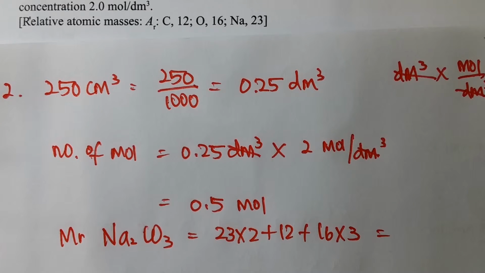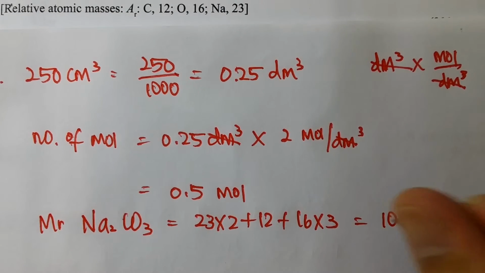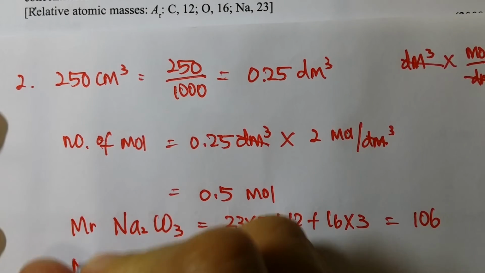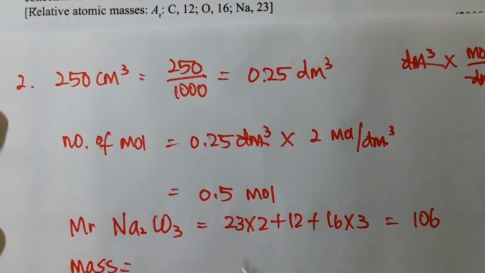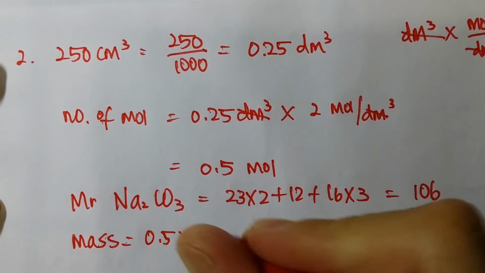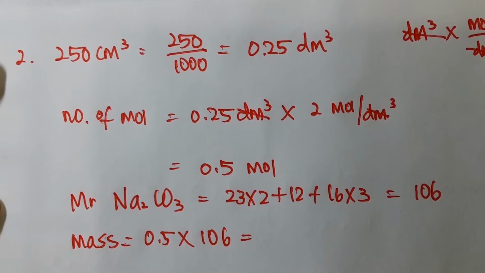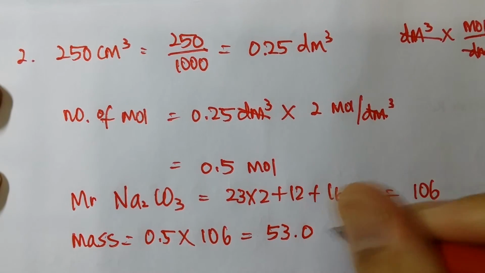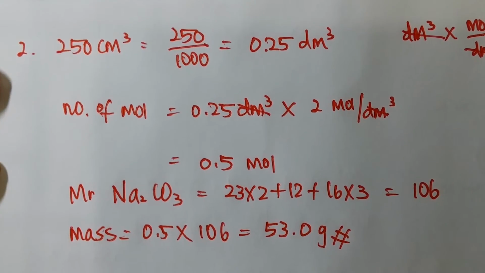If you do this, you get 106. MR is 106. And what would be the mass? The mass is the number of mole, which is 0.5, times the MR, which is 106, and that would give you 53.0 gram in 3SF.